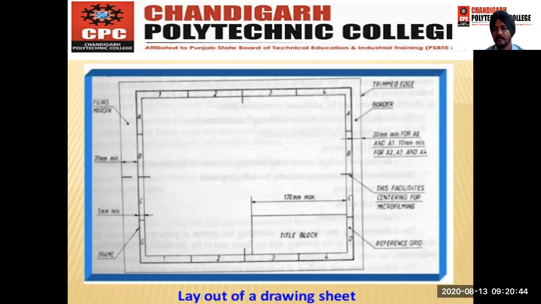The title block includes all the necessary information of the product. It will include the name of the product, the date, the manufacturing date, and the symbol showing whether it is first angle projection or third angle projection. It also has the company name and manufacturer's name. So all this information is present in the title block.